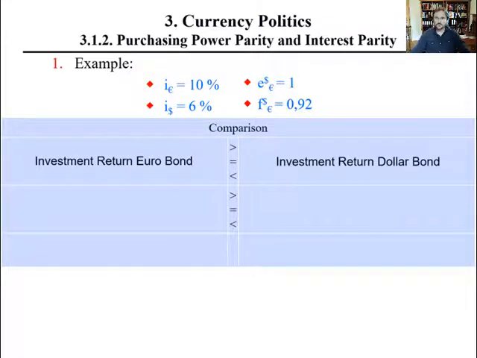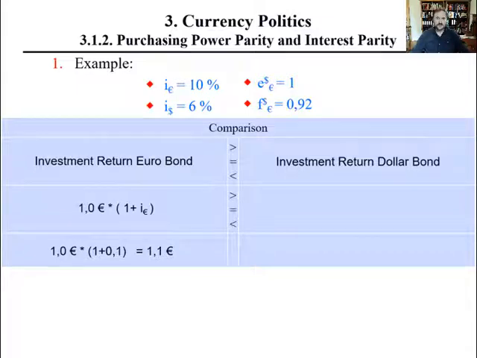Let's assume we invest €1, so after 1 year our return will be €1 times the interest factor. The interest factor is 1 plus the interest rate. If we fill in the euro interest rate of 10%, this yields a revenue of €1.1 after 1 year. So this calculation is quite simple.